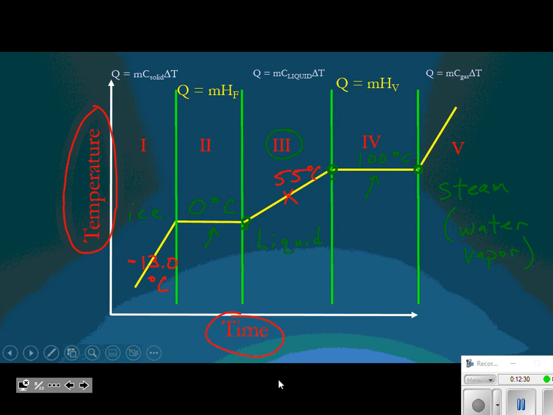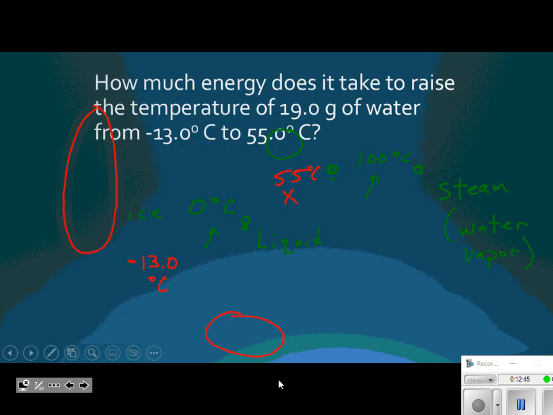Area 4 is another phase change. And then finally, area 5, it's going to be a gas. So keep that in mind, because when we come back to our problem, this problem right here, if we look, we start off at negative 13 degrees Celsius and we go to 55.